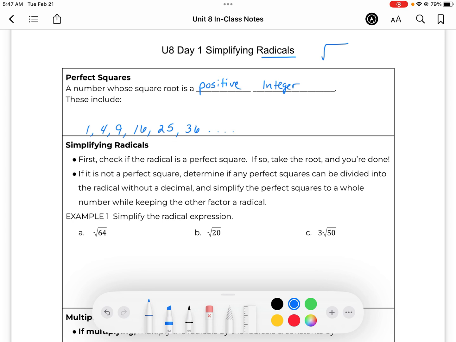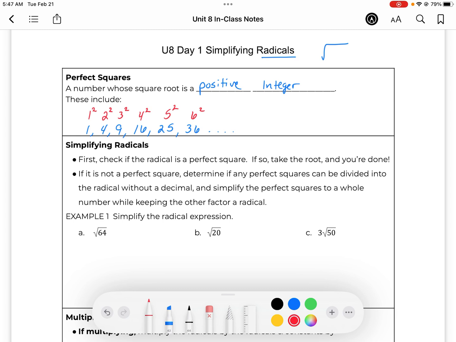And we get these numbers by taking those positive integers and squaring them. 1 squared equals 1. 2 squared equals 4. 3 squared equals 9. 4 squared equals 16. 5 squared equals 25. 6 squared equals 36, and so on and so forth.